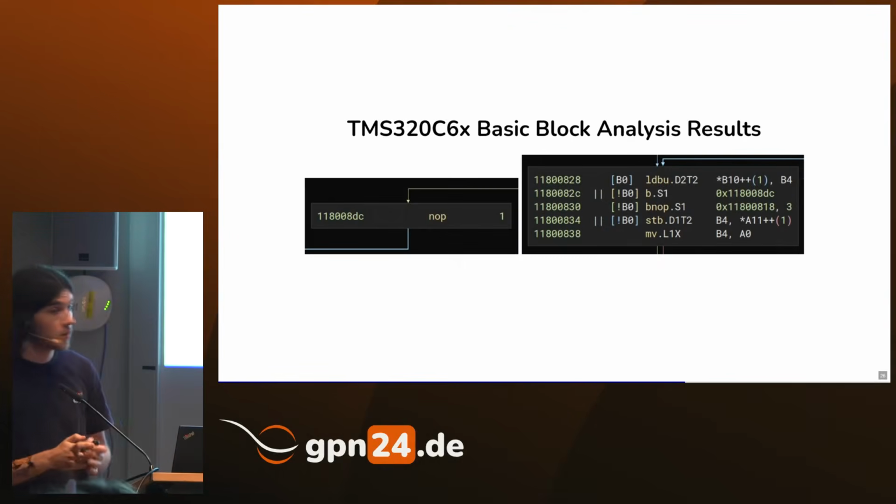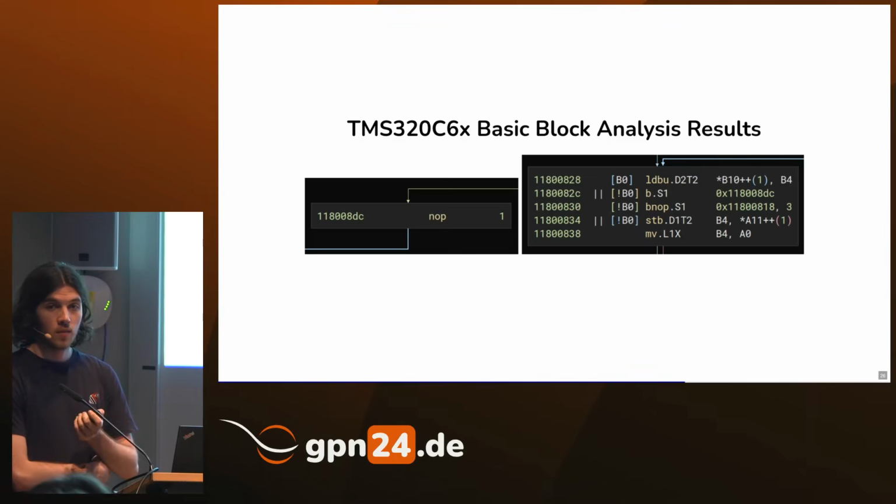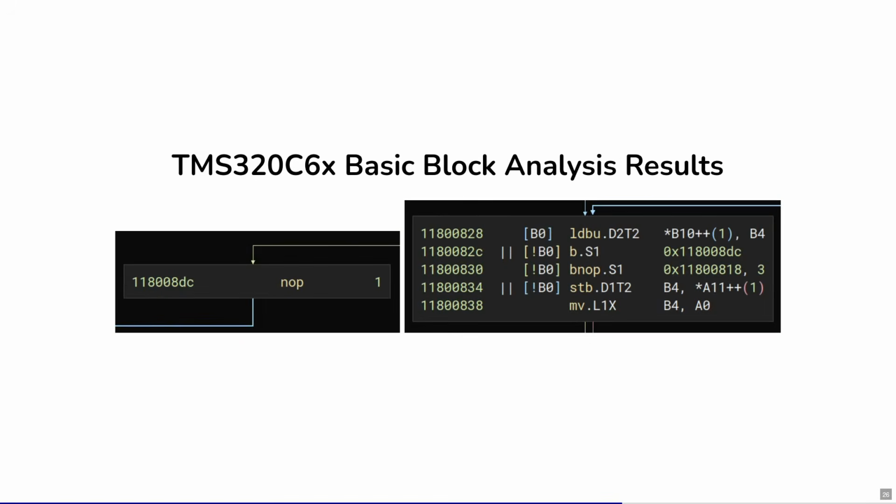This is from a small example binary with the Texas Instruments compiler, so it's actually using the features of the architecture. And we get one block that only has a nop. And that's actually correct analysis. But it's a bit confusing at first because it doesn't do anything in this block.